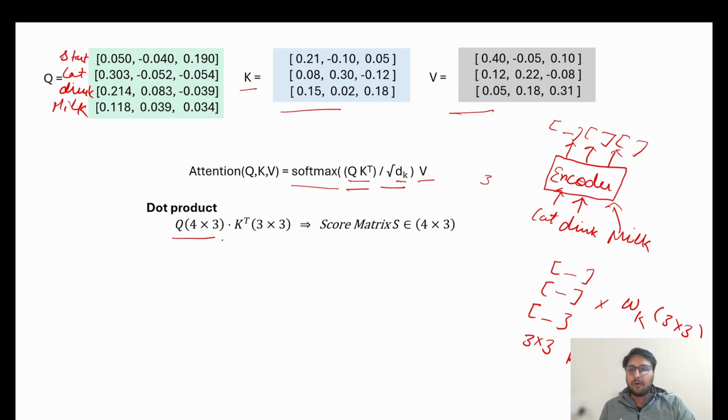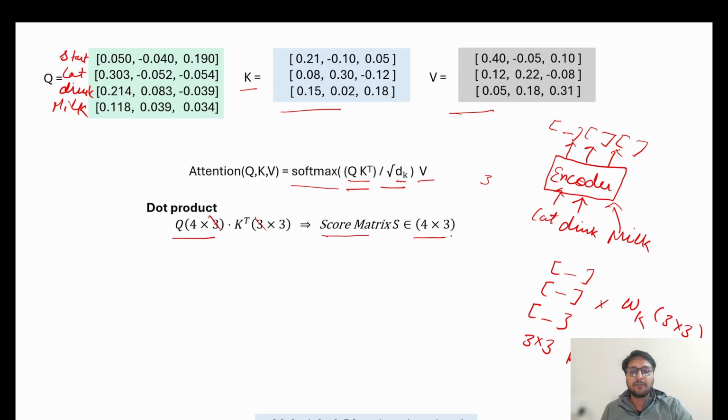Our query matrix is of size 4 by 3, and our key matrix, after transpose, is of size 3 by 3. When we multiply both matrices, we get our score matrix of size 4 by 3, because the 3s cancel out.